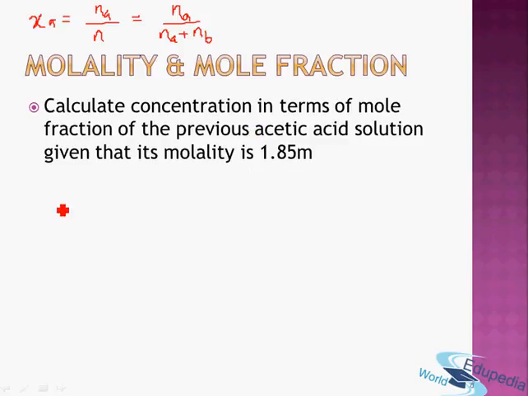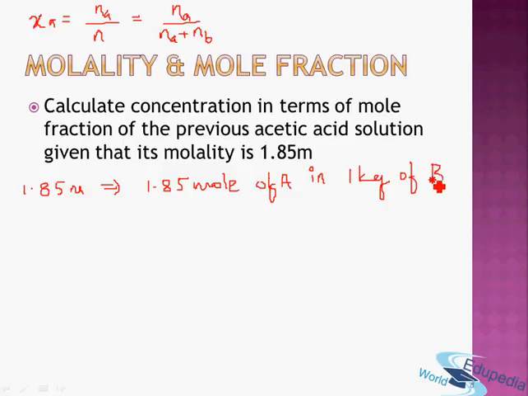So I have molality as 1.85 m. How do I interpret this data? This 1.85 molal implies I have 1.85 mole of A, that is solute, in 1 kilogram of solvent, that is B. If you remember how we interpreted the concentration unit molality, this is how we do that: 1.85 mole of solute in 1 kilogram of solvent.